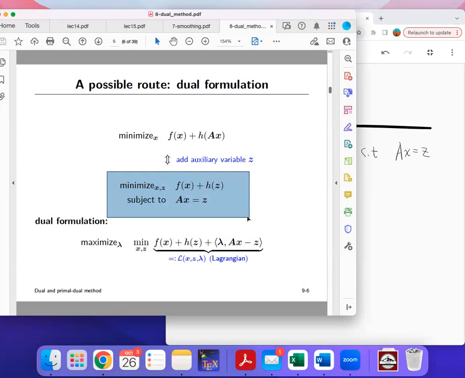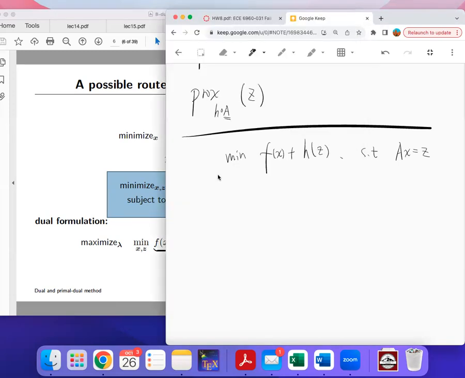This is exactly the original optimization problem, so there's no difference between the two. And then we can take one step further.